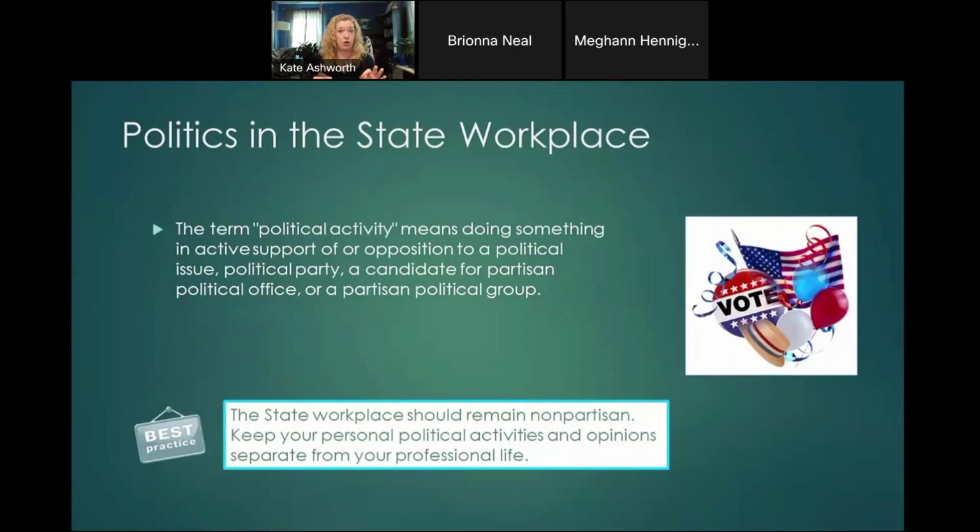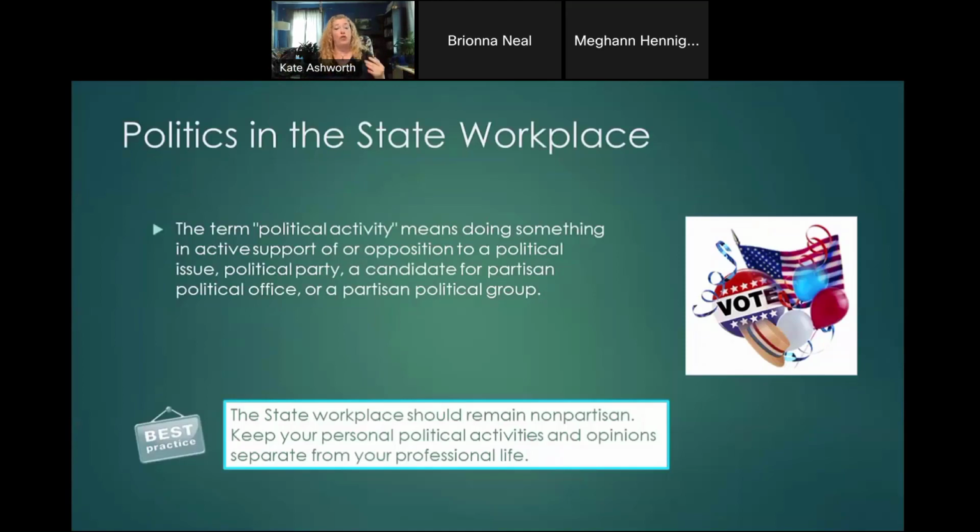If you are running short on time, you hit this and move on, which is that the state workforce should remain nonpartisan, and we really are obligated as people who are in service to the public to keep our personal political activities and opinions separate from the work that we do for the state. All right, that is the big picture.